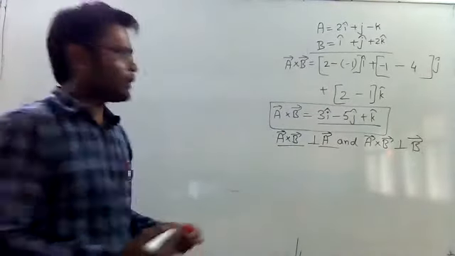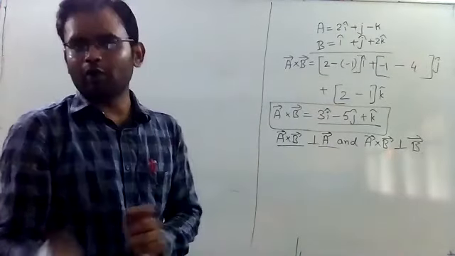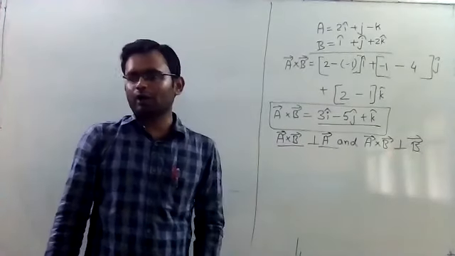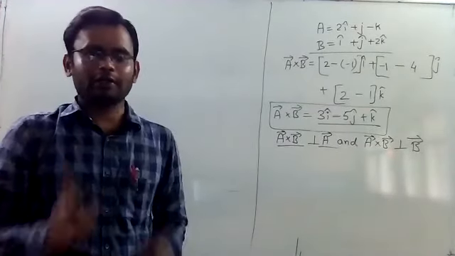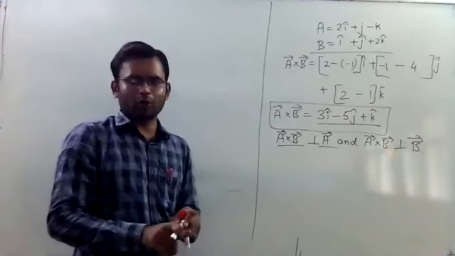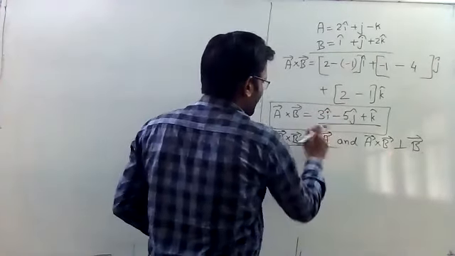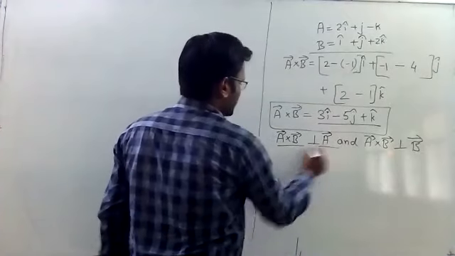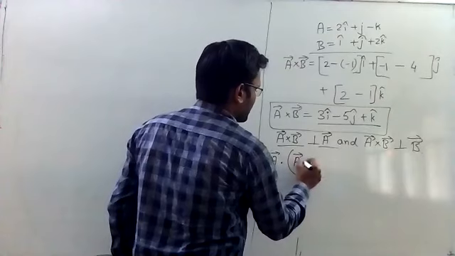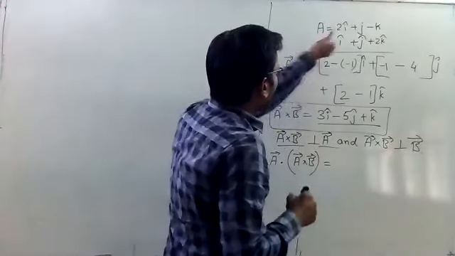We take their dot product and that should be 0. The angle between them is 90 and cos of 90 is 0, you know that. It means the dot product of this vector with A should be 0. So I am writing A dot, which vector? A cross B. This should be 0. So let's see. I am writing the vector A.